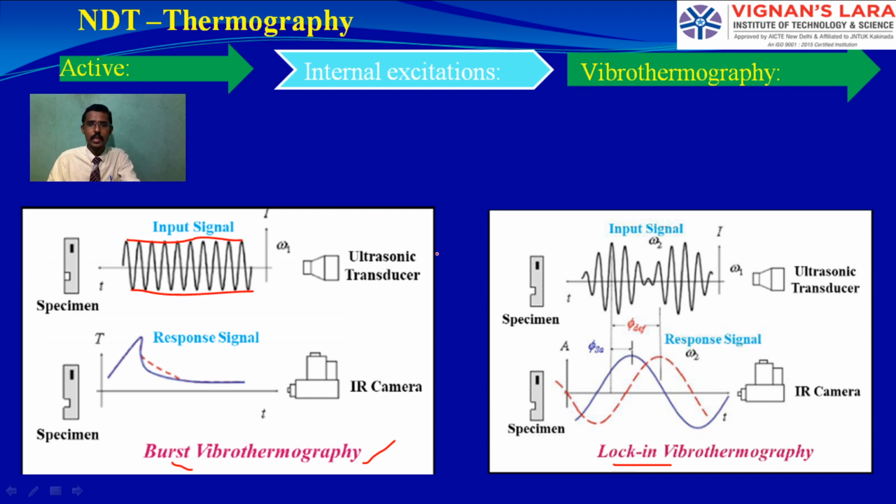That is generated by the ultrasonic transducer. 100% of amplitude is given to the specimen, 100% of frequency is generated, and it keeps coming with no change. With respect to this, we record the responses of how the defects are. Whenever a defect is there, the response increases, so the response signals will be like this.